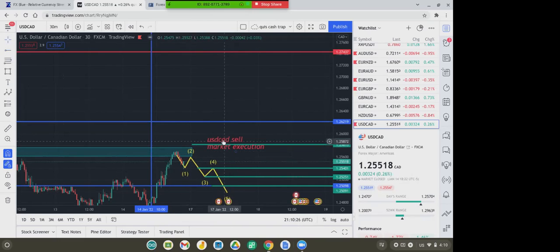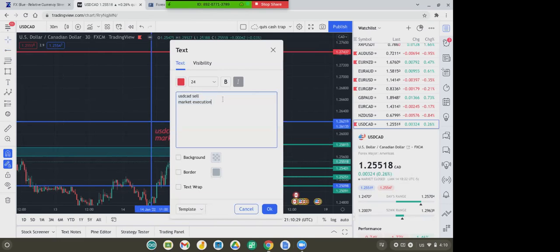So TP1 is 1.25401. TP2 is 1.25251. TP3 is 1.25091.